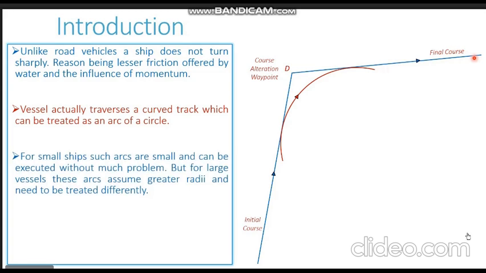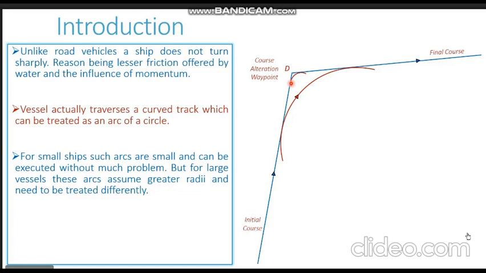Now, in case of small ships, these arcs are also small. In case of a small vessel, the arc could be much smaller with a much smaller radius, as the turning circle of small ships are much smaller. But for large vessels, these arcs assume greater radii.